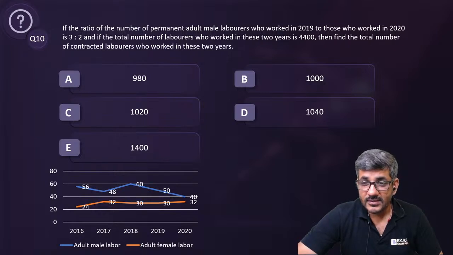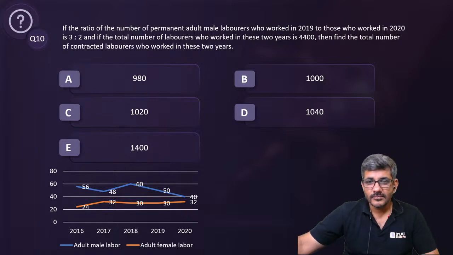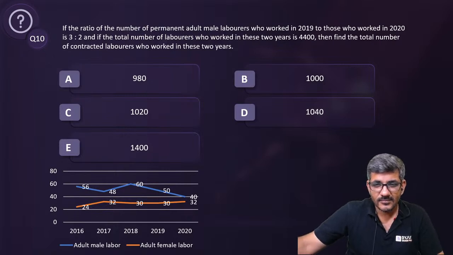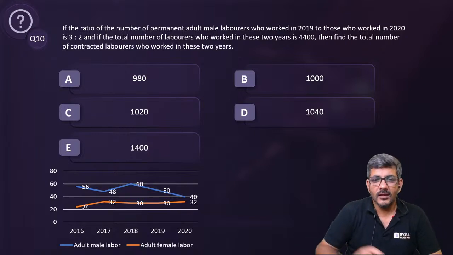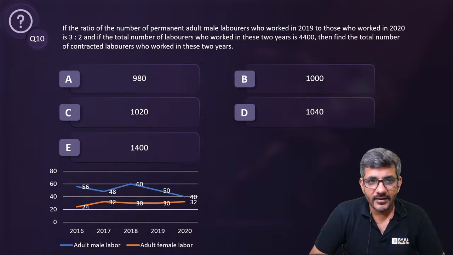Can anyone answer before Anaga this time? Anyone, any answer for question number 10?